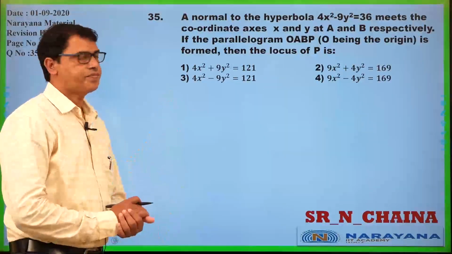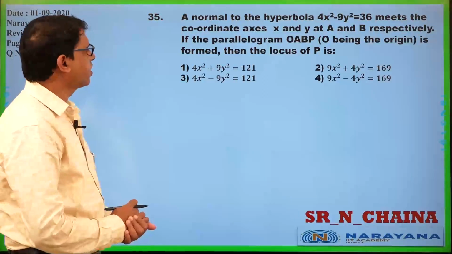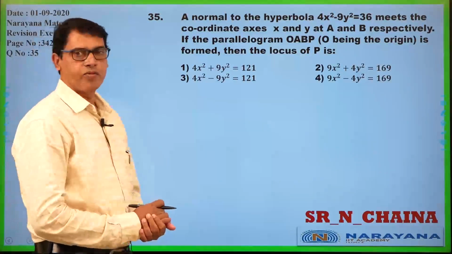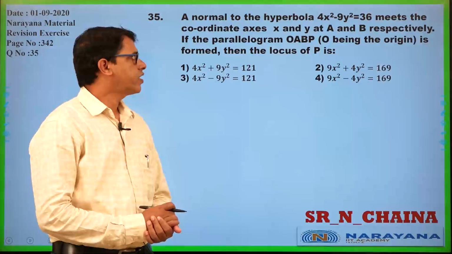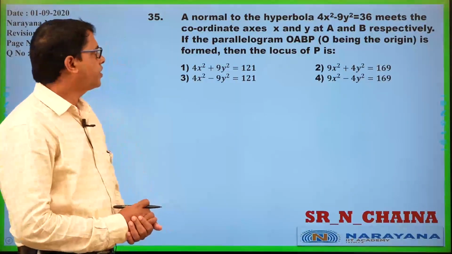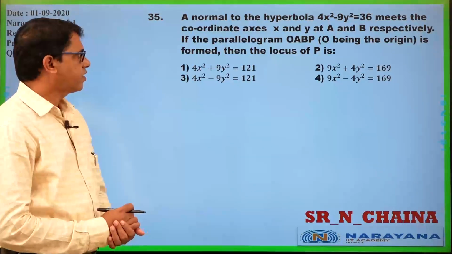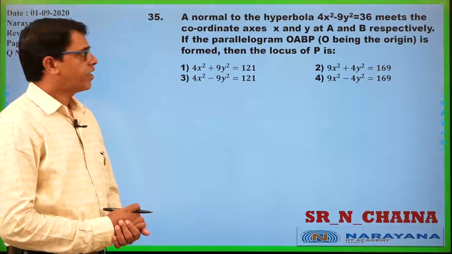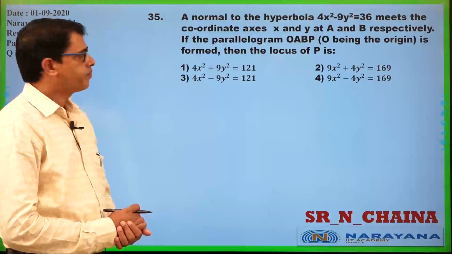Next one, go through the question. A normal to the hyperbola 4x square minus 9y square equals 36 meets the coordinate axes x and y at A and B respectively.